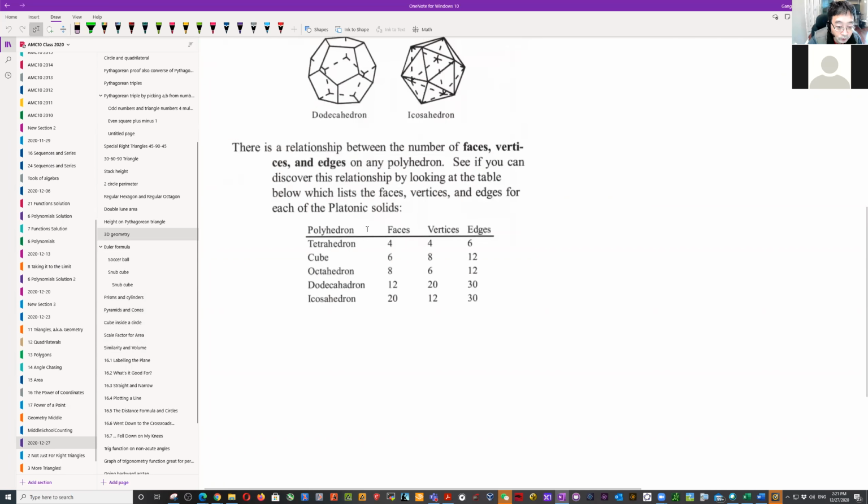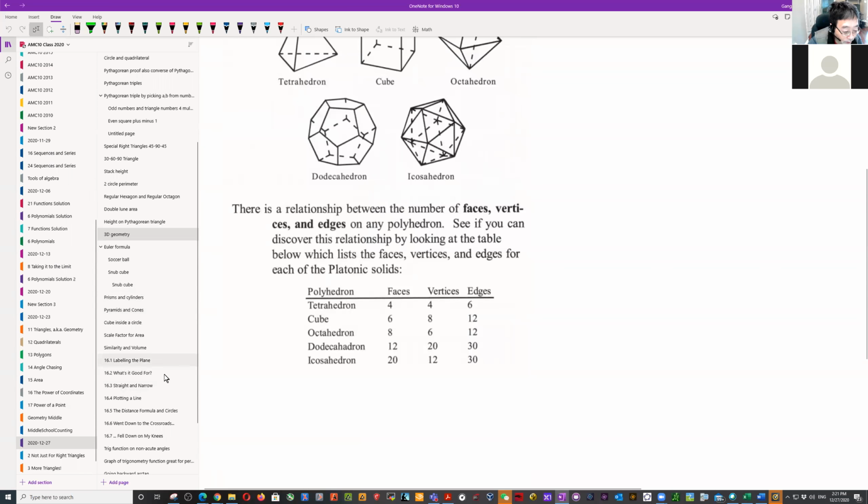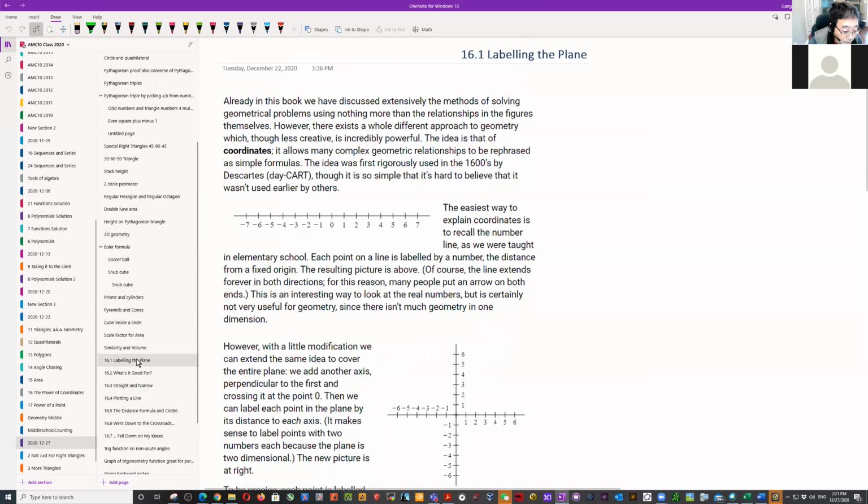We're going to talk about the Euler formula, and how to calculate volume and surface area, and then we're going to talk about analytical geometry, the basics of it.